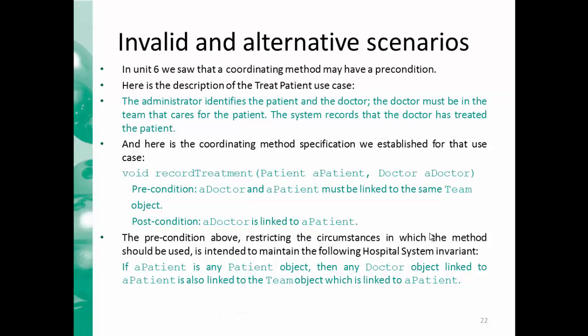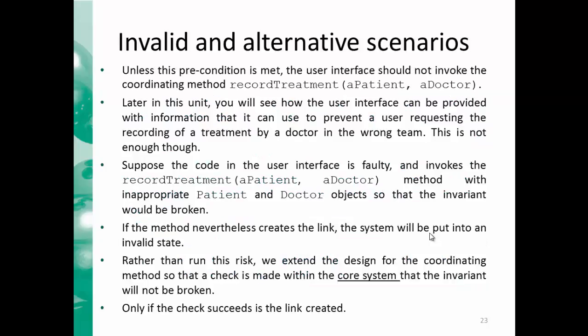This is followed by an invariant that says if a patient is any patient object, then a doctor object linked to a patient is also linked to a team object which is linked to a patient. To build a correct scenario, we have to be sure that we get the precondition and postcondition correctly, and that we also apply the invariant given here.